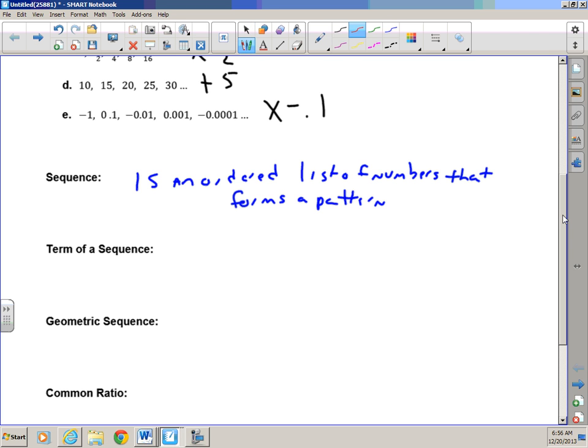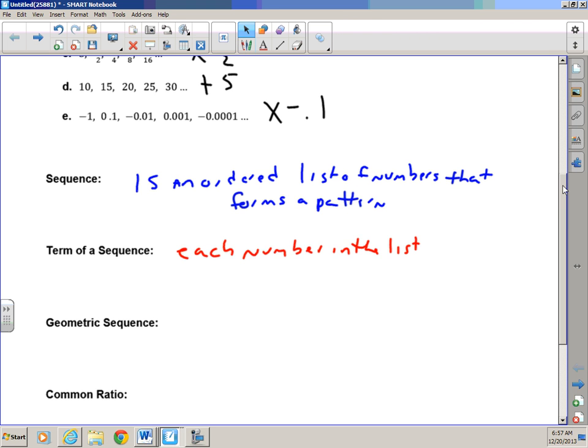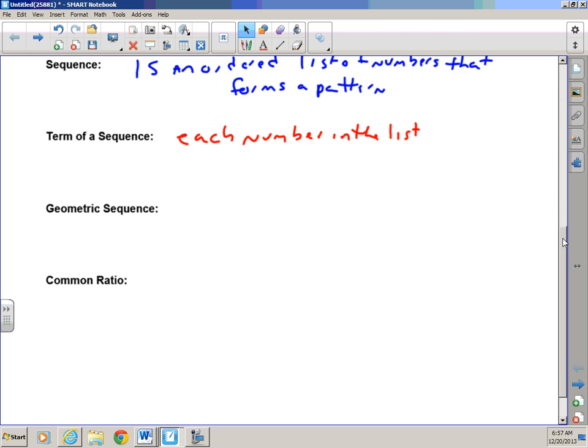And if you might remember, which is a very important concept, the term of the sequence is each number in the list. Because what becomes important is drawing a relationship between where a number is and its value.